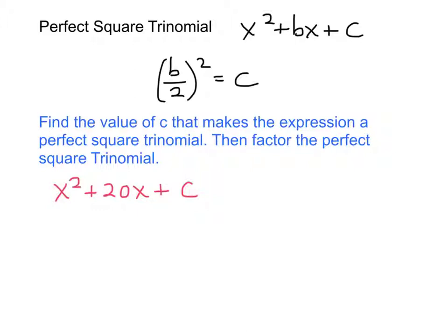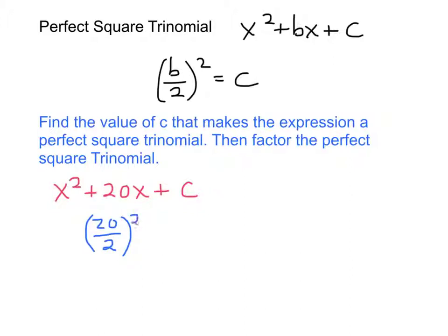Let's say we had the trinomial x squared plus 20x plus c, and we wanted to figure out what number we would have to put in for the c to make this a perfect square trinomial. To find that, we take the middle number, 20. Always take the middle coefficient, the coefficient in front of the x, and divide it by 2, so take half of it, that would be 10.